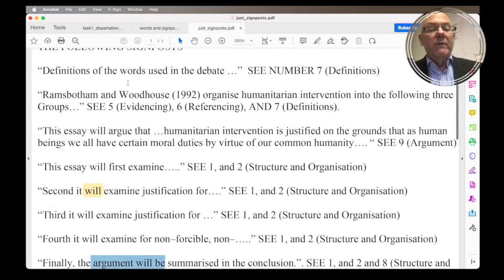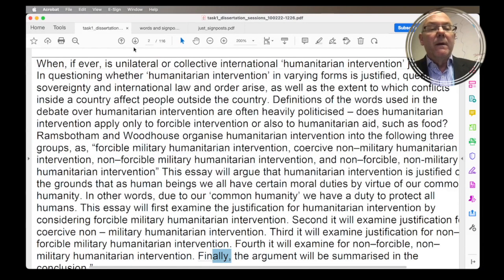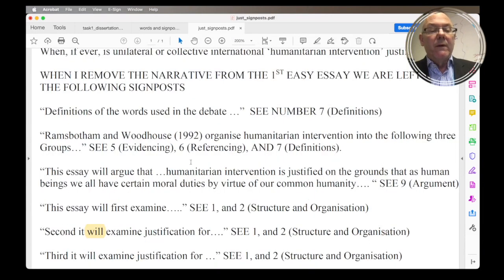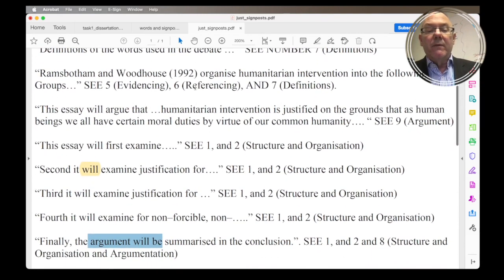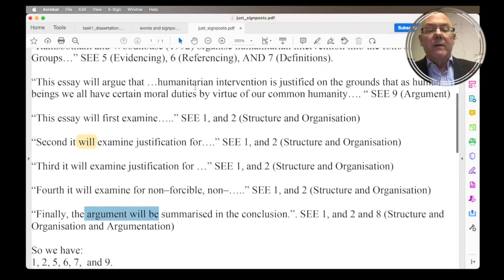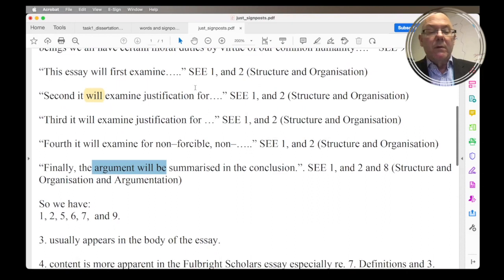So what we've done there is we've taken the introduction to the easy essay, the short one, the undergrad one. We've identified the signposts as I've just illustrated to you, and then we've deleted the narrative, and what we're left with is that, which in inverted commas you can see relates to number 7, number 6, number 7, number 9, number 1, number 2, and so on.